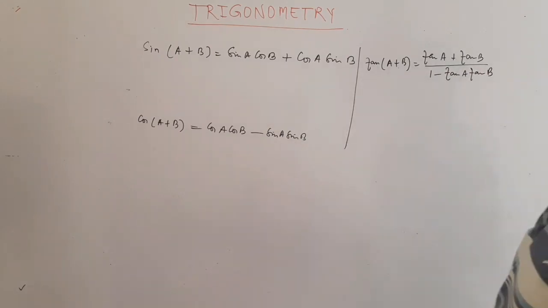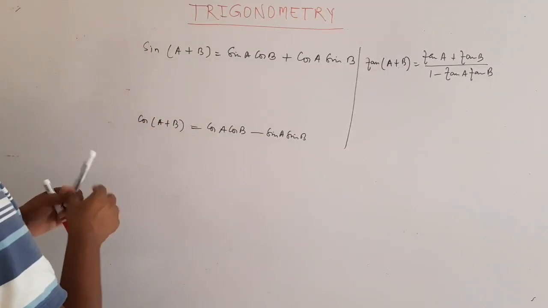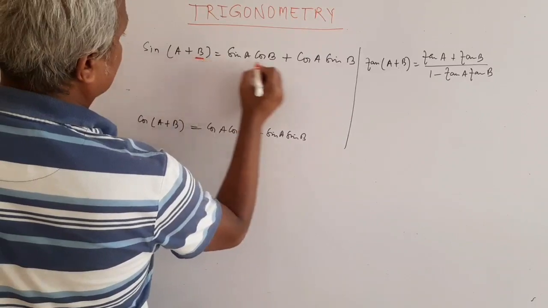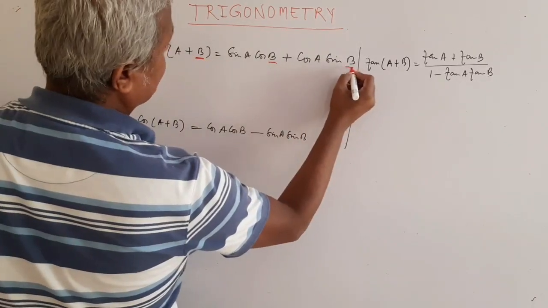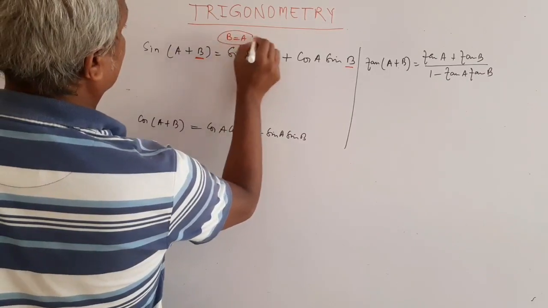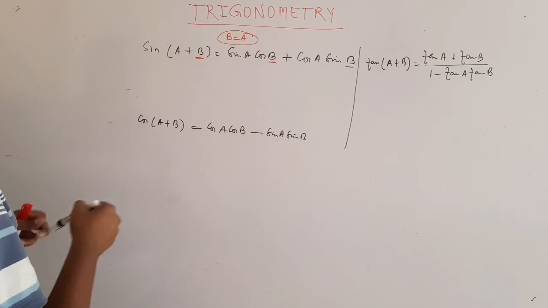Now just assume that b becomes a, so replace b by a. Then what will happen? This will become a plus a, that is 2a.